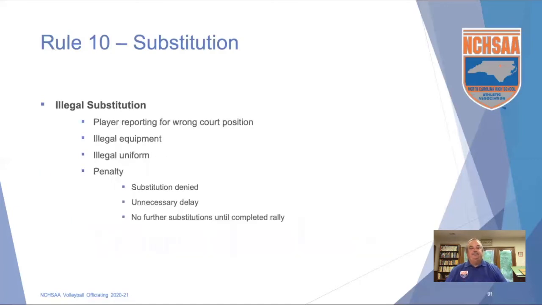All right. We can also have illegal substitution. And there are two common occurrence cases of this. One is where a player reports for the wrong position. And the only way it can be a wrong position is if they've been in a previous position of the court during that set.